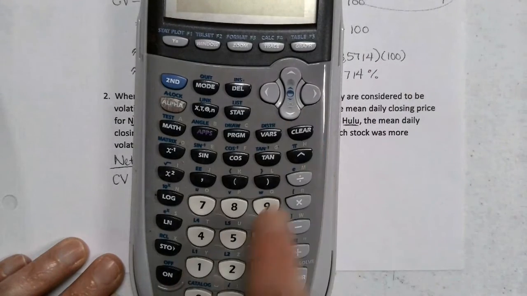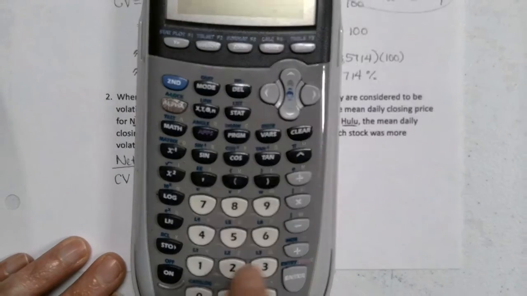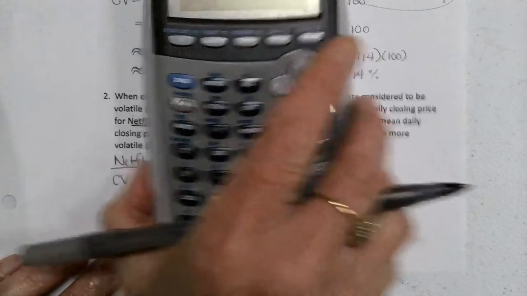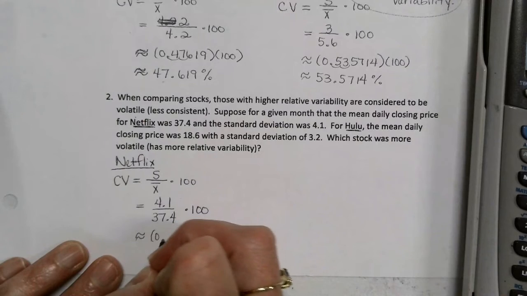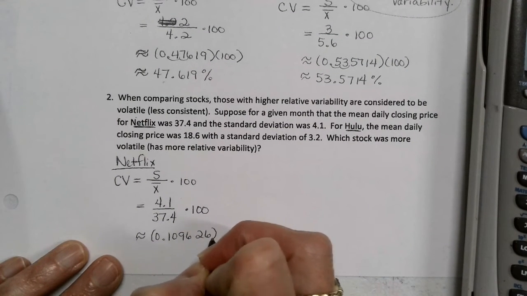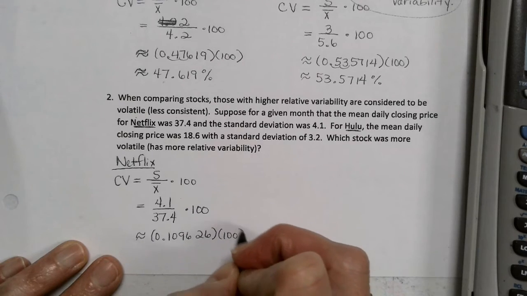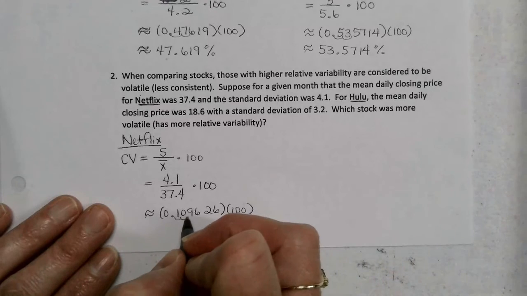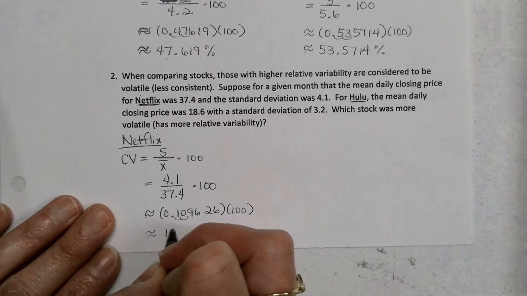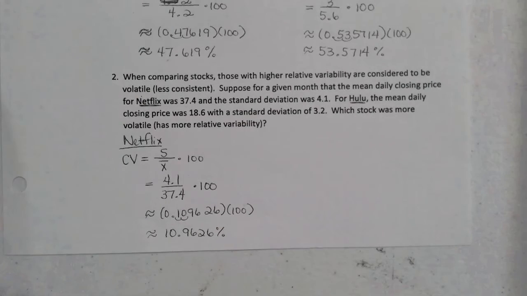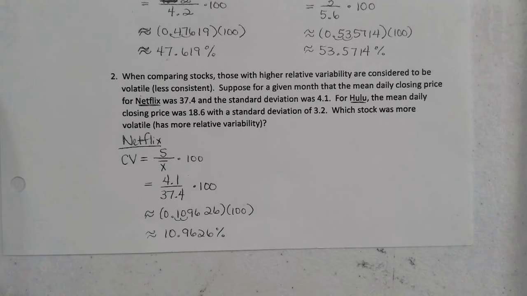That gives me 0.109626. I multiply it by 100, which just slides the decimal point 2 to the right, giving about 10.9626%. That's the coefficient of variation.